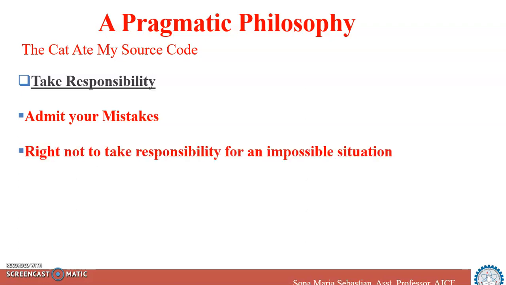Then, regarding responsibility, you have a right not to take responsibility for an impossible situation. That means, if you feel you can do some development, take it. And if you feel you can't do it, you have the right not to take that responsibility.